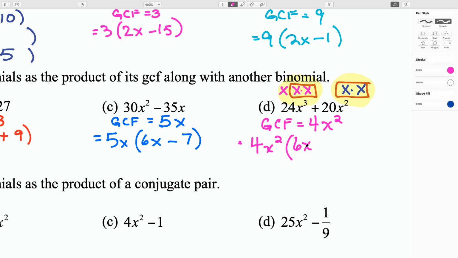What do I need to multiply to get plus 20x squared? Plus 5. No more x's. I already have my 4x squared times 5 will give me 20x squared. So we're done. And it looks like I chose the right GCF because 6x plus 5 does not have any common factors.